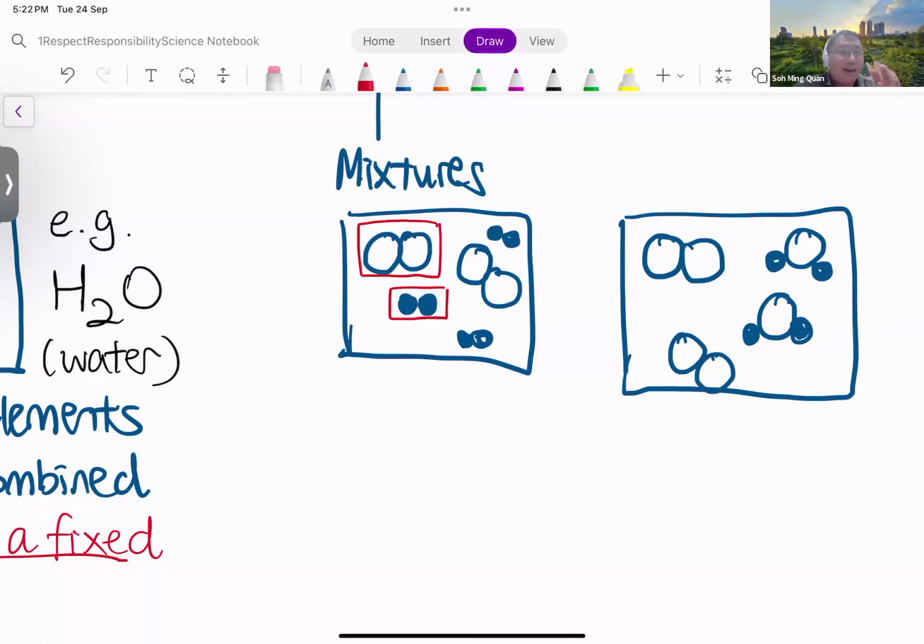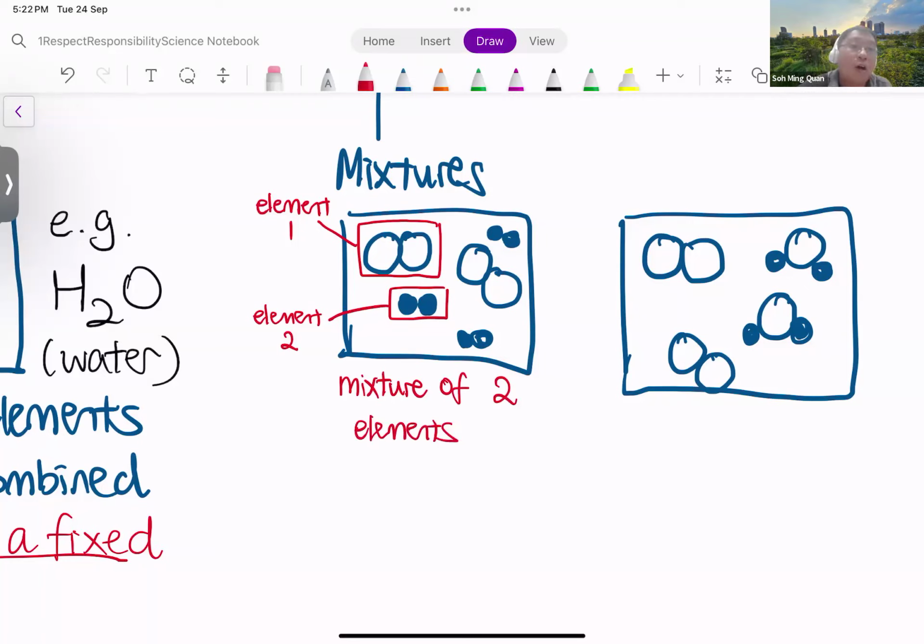I also have two dark circles combined together. I'm sure you will agree with me, each box here is an element. There's one element, there's another element. And hence, in the box on the left, we will call this a mixture of two elements.